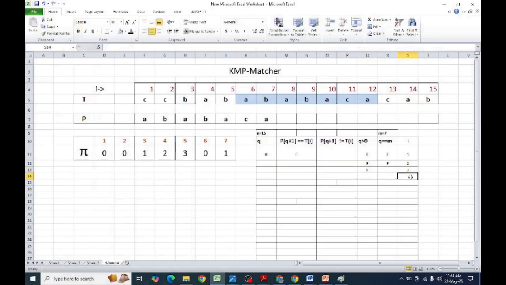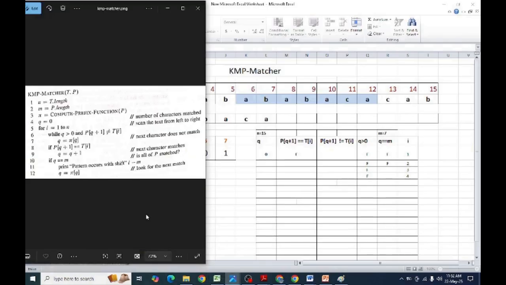It will take the next character, i is equal to 4. This fourth character of the string is matching with the first character of the pattern, okay, but still q is 0, so it is false, so this while loop will not work.